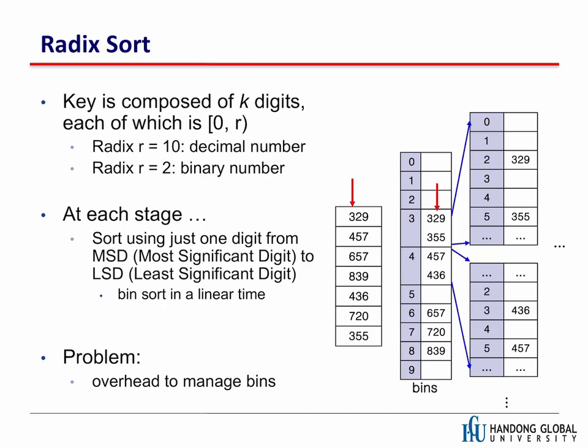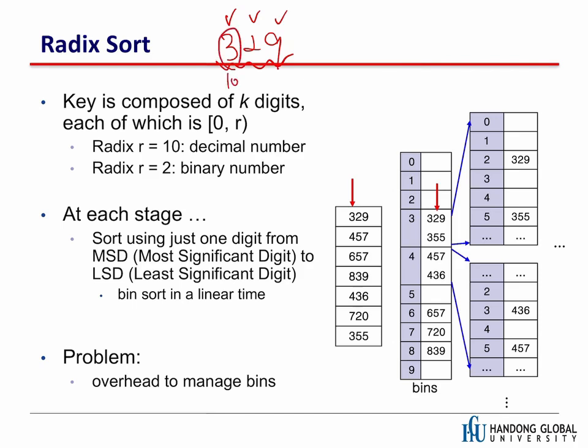So a key is composed of k digits. Think about 3 numbers in this example, 3, 2, 9. This is one key, but when we look at this key, then we have 3 digits, right? 3, 2, 9. And if it is a decimal number, then it looks like this.